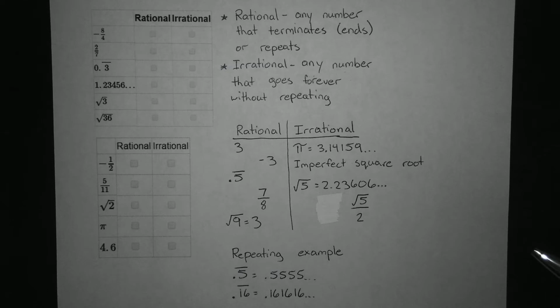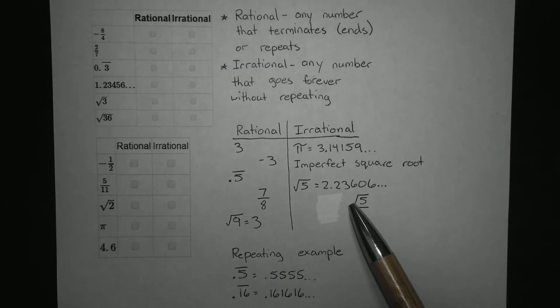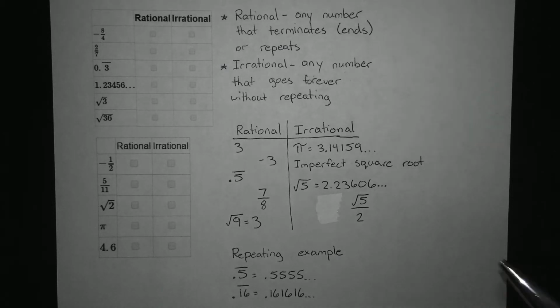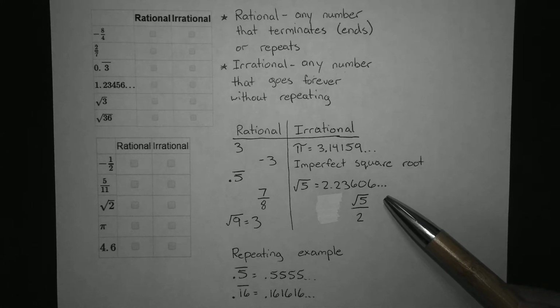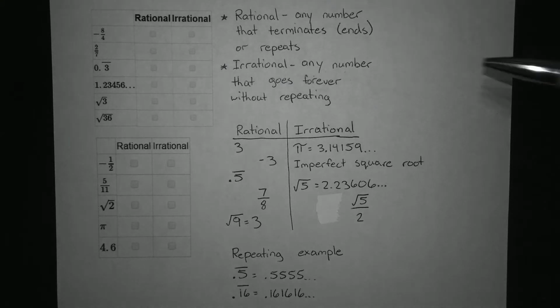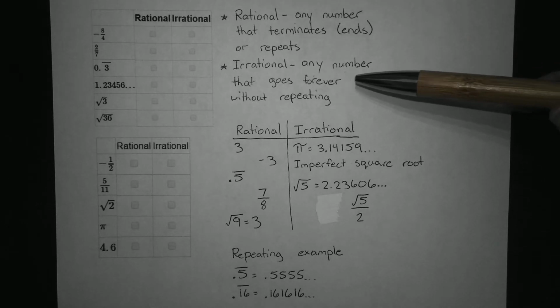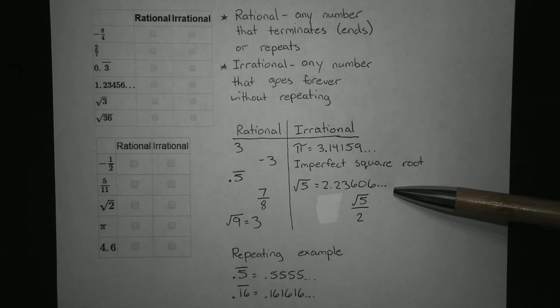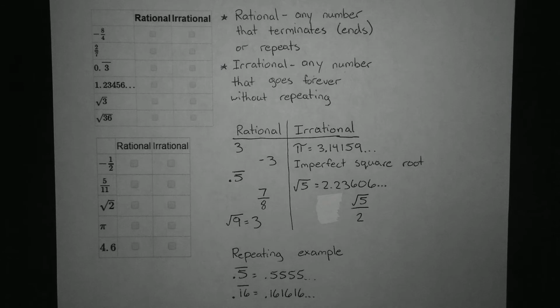Okay. Imperfect squares, things like the square root of 5, 2.23606, and these little dots after it mean that this is going to continue to happen. It's going to continue to go forever, but as you can see, there's nothing that is actually repeating. So that falls into the irrational category because it goes forever, it's symbolized by these little dots, and it is not repeating.